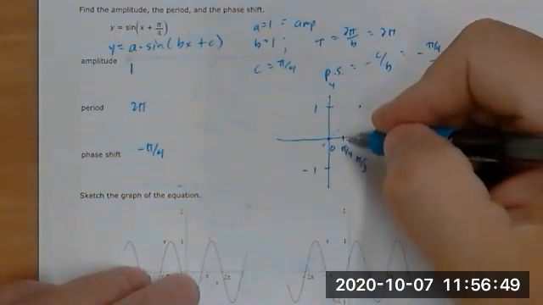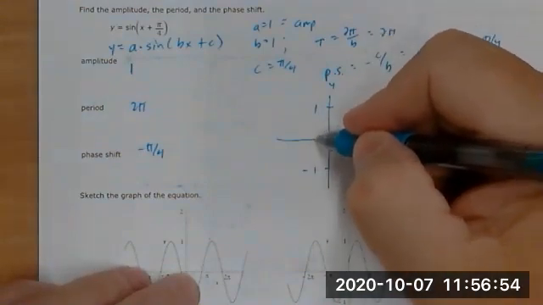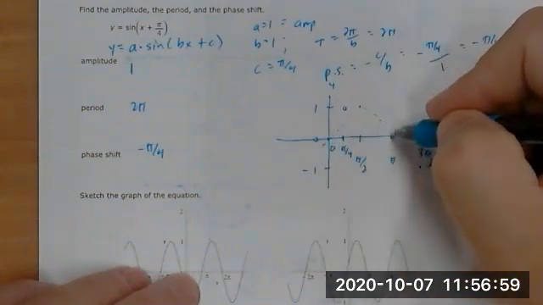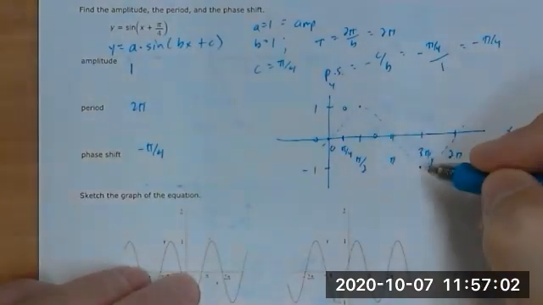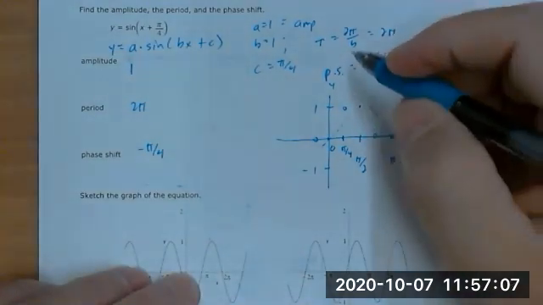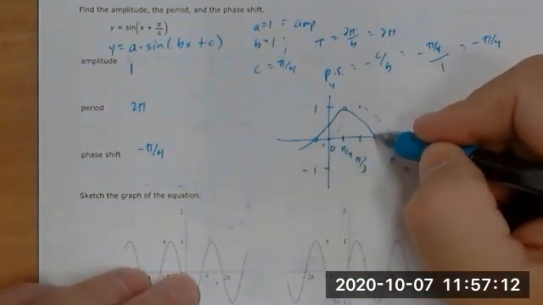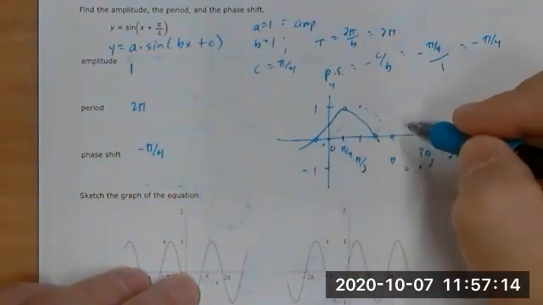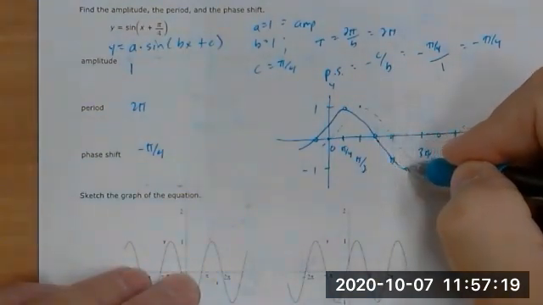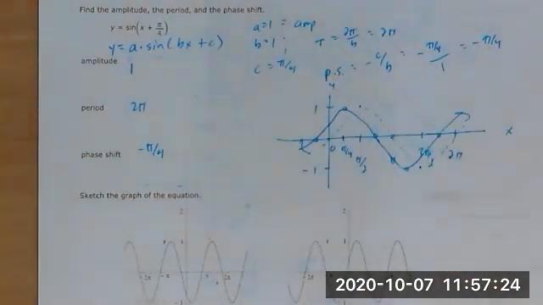So what I normally do is I take each point and I sort of do that. So here it goes to here. So I take each main point and try and move it over the same amount. So that's what the graph should look like.